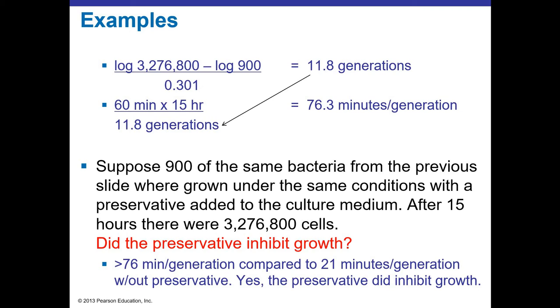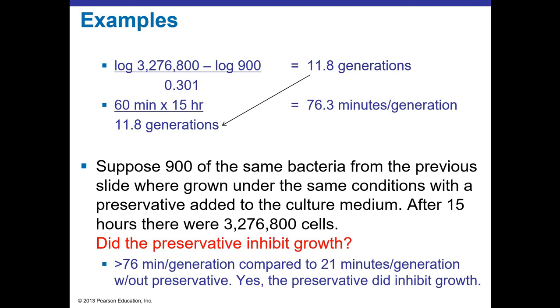So we have to take the end log, the log of that over 3.2 million cells, subtract from that the log of 900, which was the starting number of bacteria, and put that over the log of 2, which is 0.301. When you do that calculation, you end up with 11.8 generations.